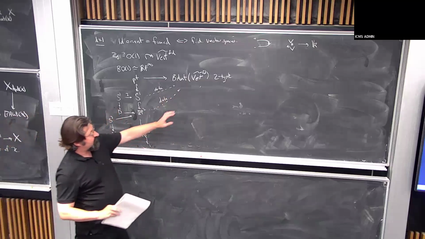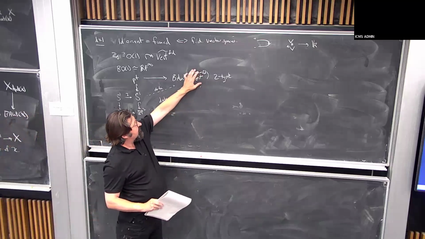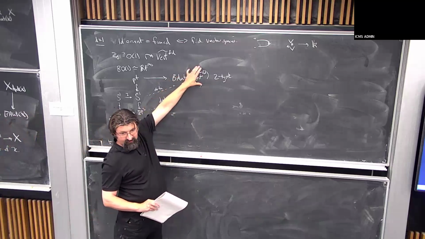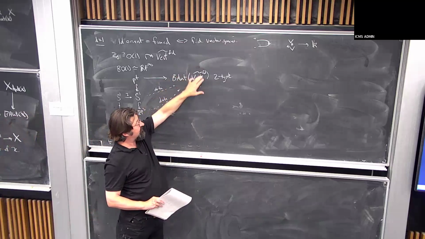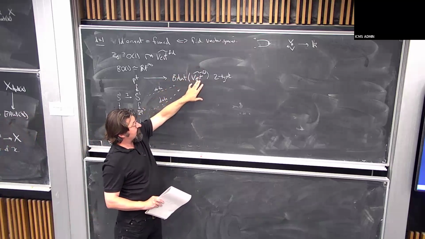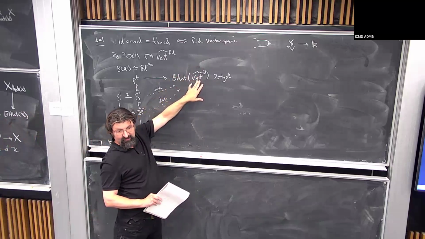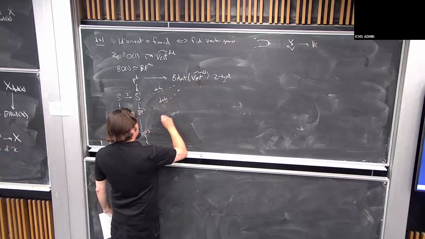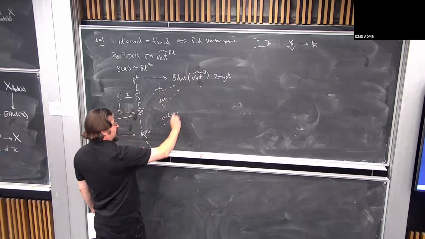I'm acting on the groupoid of vector spaces, and I have endofunctors of the groupoid of vector spaces. So in particular, I'm going to write down an endofunctor, but it's not going to make sense for any map of vector spaces, only isomorphisms. And then here, this is just a condition, and then forever after it's free.